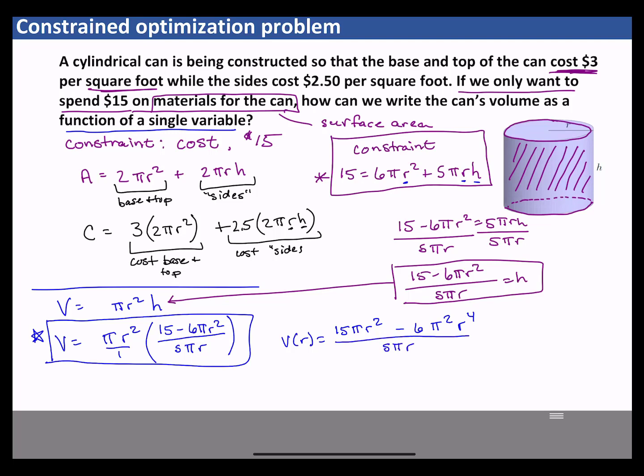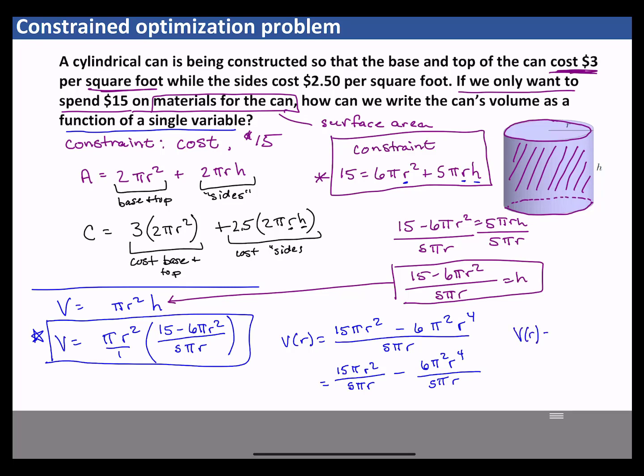And then since everything's being divided by 5 pi r, we could actually think about this: 15 pi r squared divided by 5 pi r minus 6 pi squared r to the 4th divided by 5 pi r.